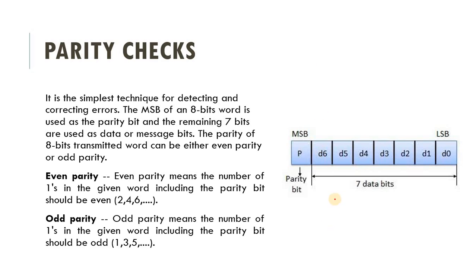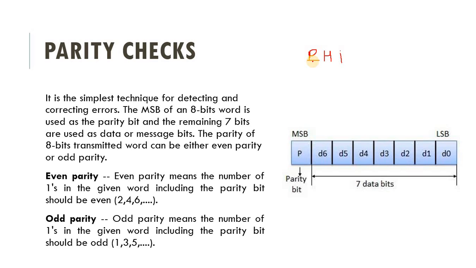Suppose the data is like this, with 2 bits. Now we'll add one parity bit. Suppose P is the parity bit as the MSB, the most significant bit. We add the parity bit at the beginning of our data, which is why that bit is called the parity bit.